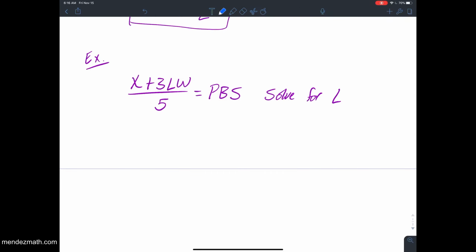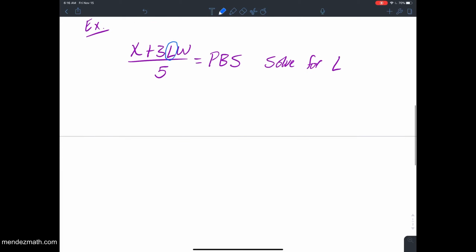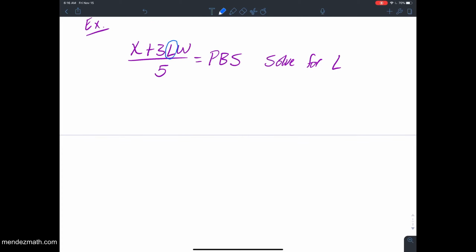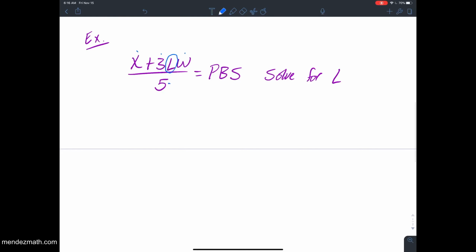So we want to get L by itself right here. It's going to be a couple steps involved, but we can do it. So since we want to get L by itself, we need to get rid of this, this, and this. Okay? So let's just start with the 5. This operation right here is division. Opposite of division is multiplication.